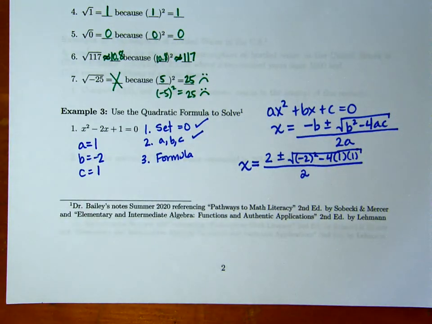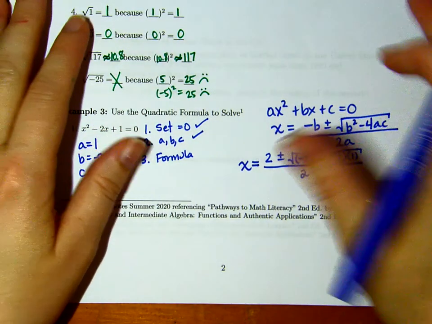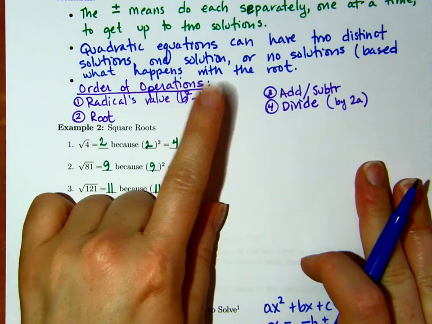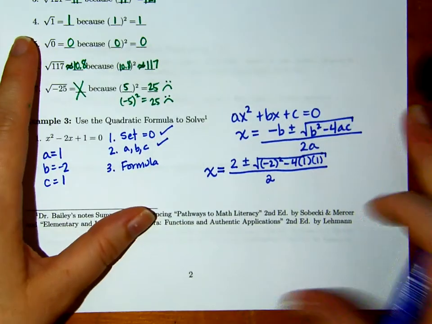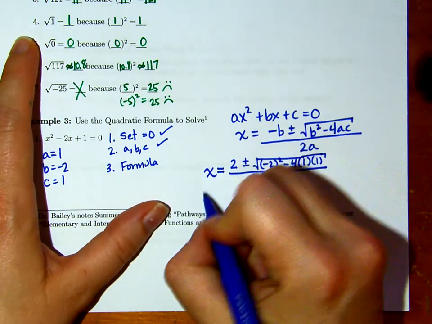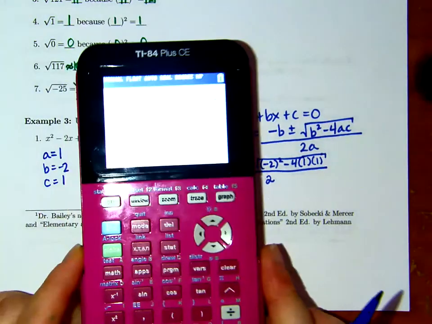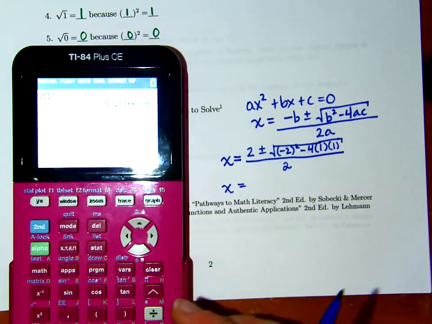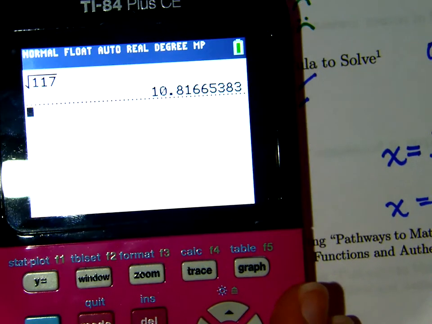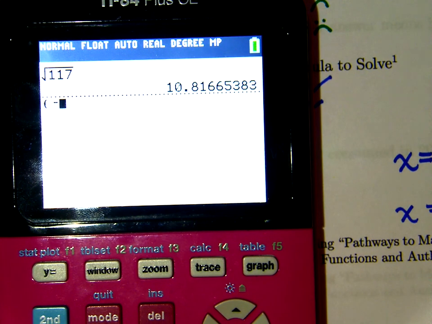Okay. So what did we say with the order of operations here? Radicals value first. I'm on it. Okay, right. -2 squared minus 4 times 1 times 1 is 0.